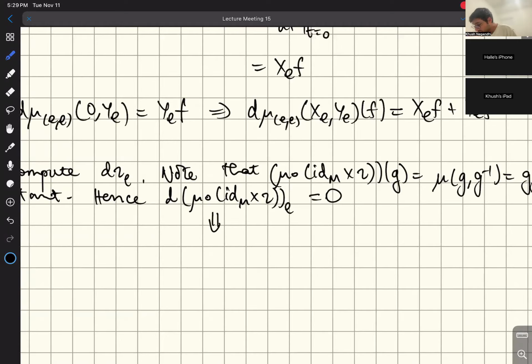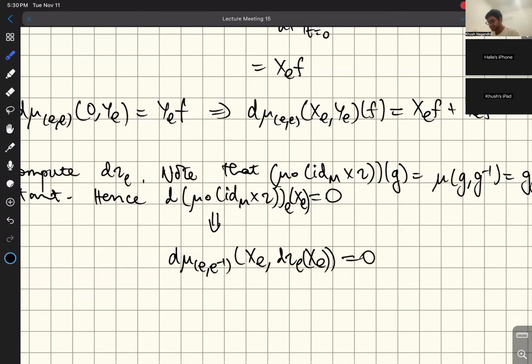But now we can use the chain rule. We can use the chain rule to see that this is d mu at (e, e) of (xe, d iota e xe), because you have to compose the differential.